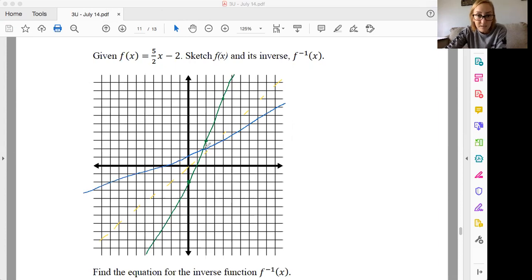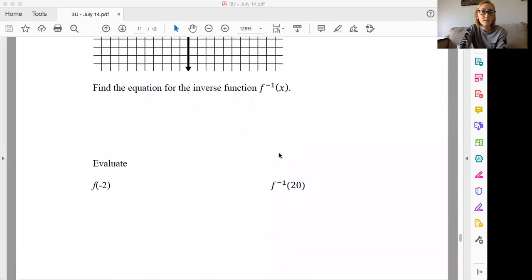If it had been a little more accurate, you'd see our intersection here is falling onto that reflection line. Okay, I'm going to clear this and I'm going to show you how to find the equation for the inverse function. It is quite easy, I find. So we're going to get to that.